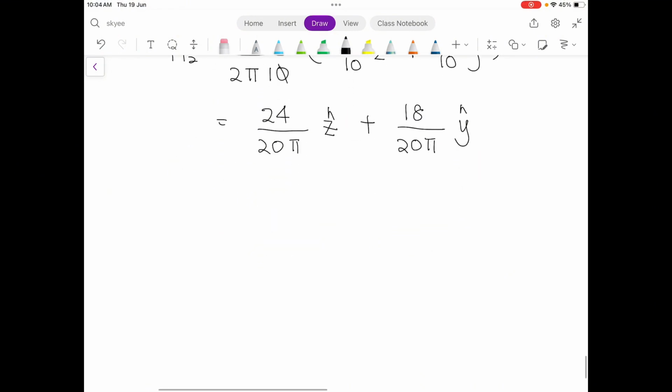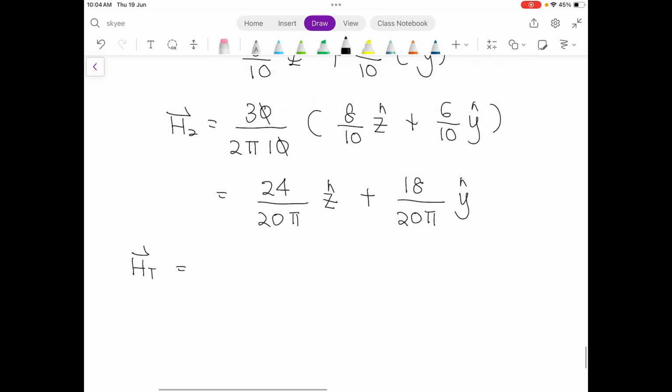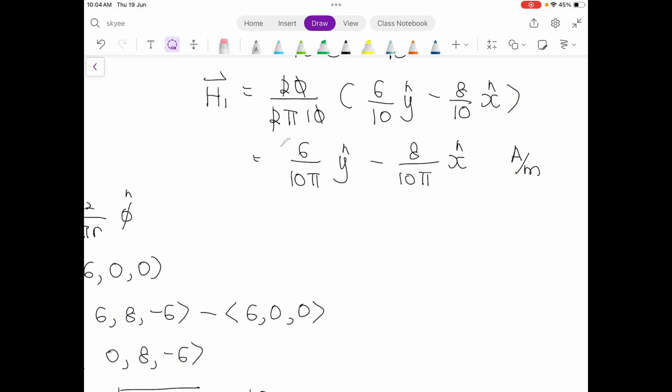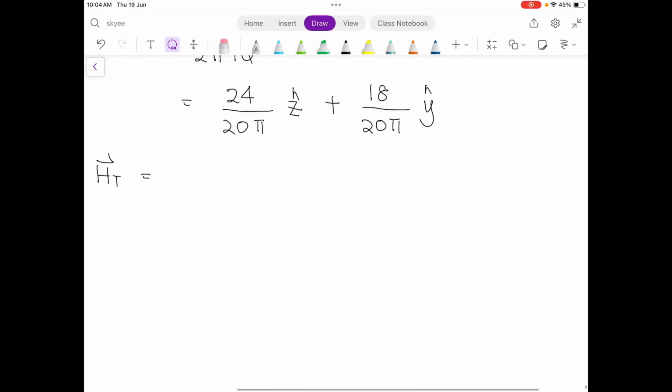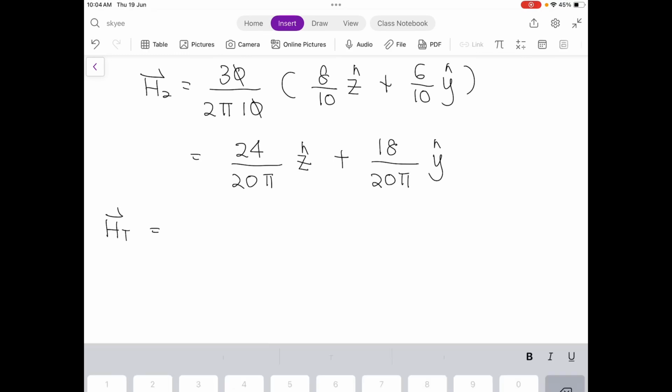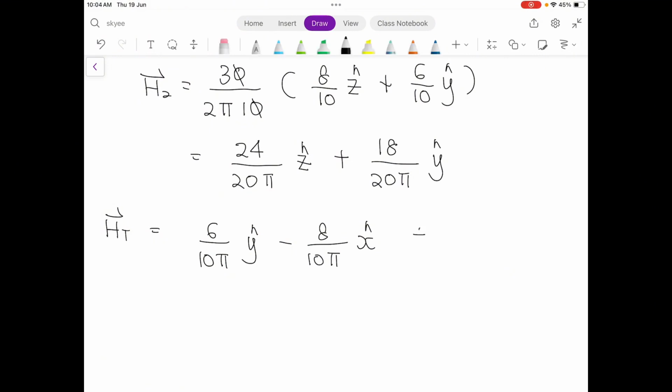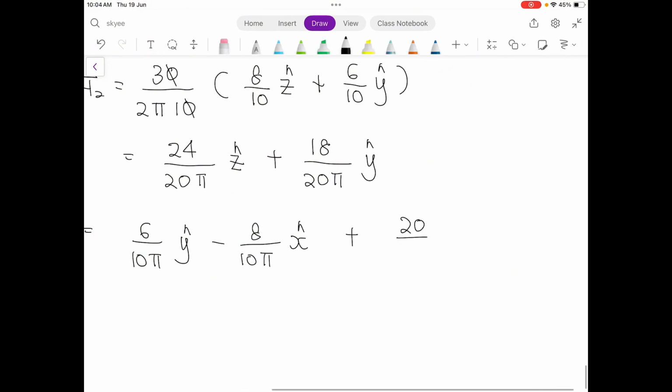So now we have H1 and H2, and our final step is to add them together. Our H1 is this, so I will take this, and then add it together with our H2: 24 over 20 pi z plus 18 over 20 pi y.